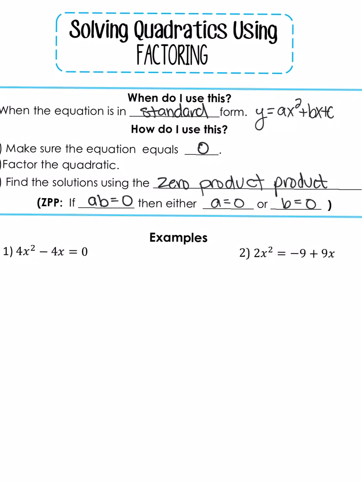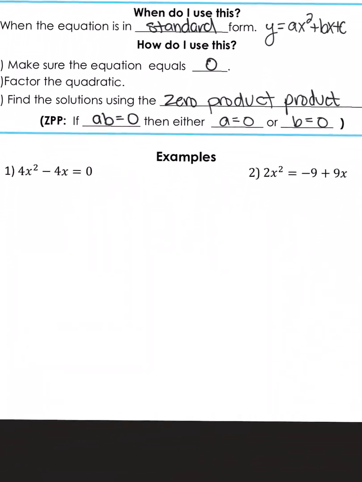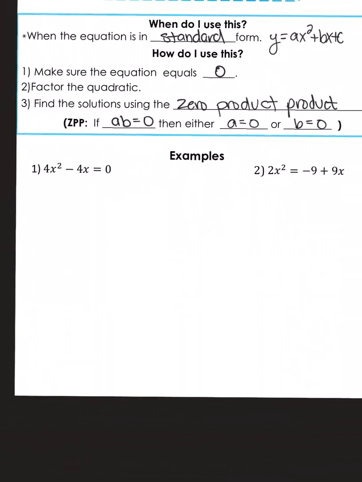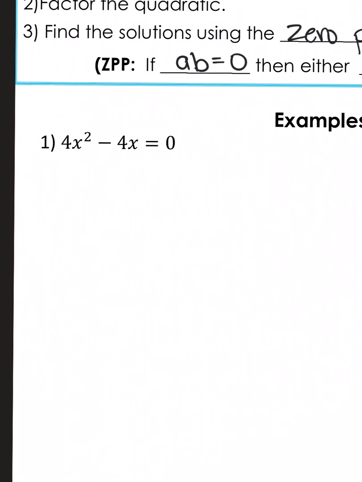Either a has to be 0 or b has to be 0, because the only way I get 0 as my answer when I'm multiplying is if I multiply by 0. So we're going to do two examples together, and then you have some Delta Math problems to try on your own.